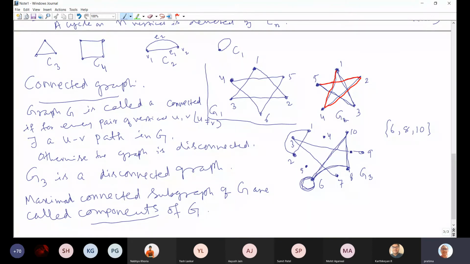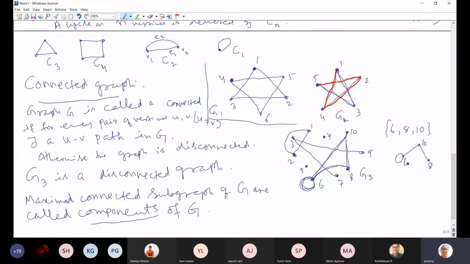So this will be a component. Suppose I would have taken only this part, say 6 to 10 and 8, not considering the edge 6, 8. Would this be a component of this graph G3?